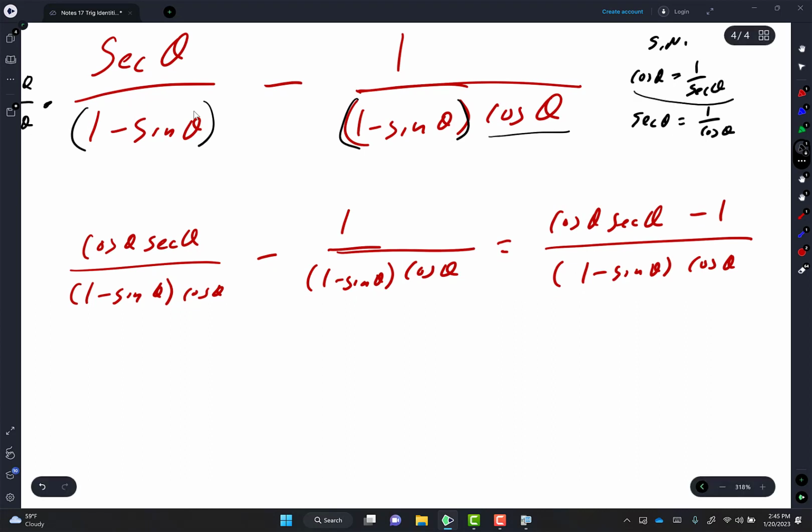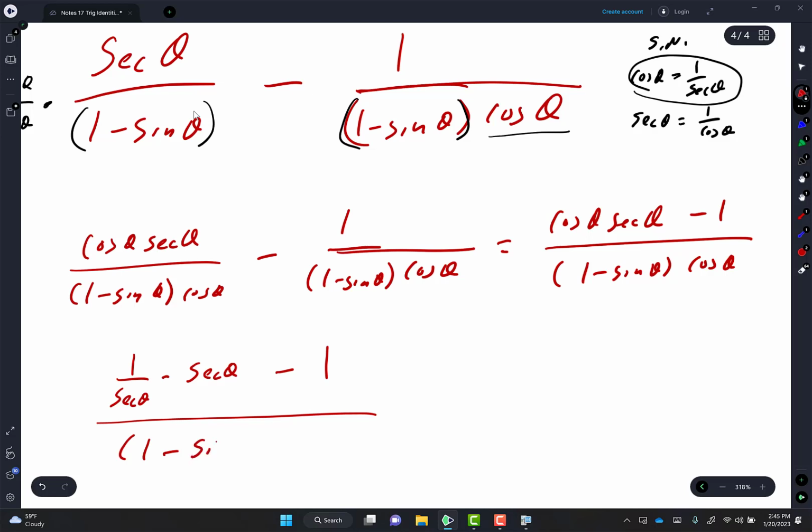Look, I'm going to replace cosine with 1 over secant. So 1 over secant times secant, that's the numerator, minus 1, all over 1 minus sine theta times cosine theta. That's the times, that's a little dot. See, that's like secant theta over 1, guys. This cancels out. 1 minus 1 over 1 minus sine theta times cosine theta.